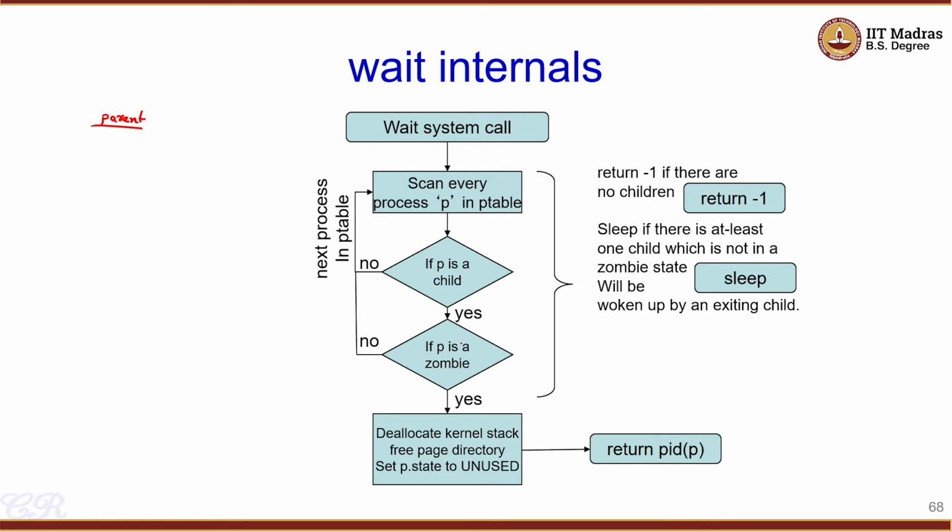Okay, so if the child process is a zombie, then the wait system call would deallocate various things like the kernel stack, the page directory, and page tables that are used, and so on, and set the state of this child process to unused. Okay, the wait system call would essentially return the PID of p, which is the PID of the child process.